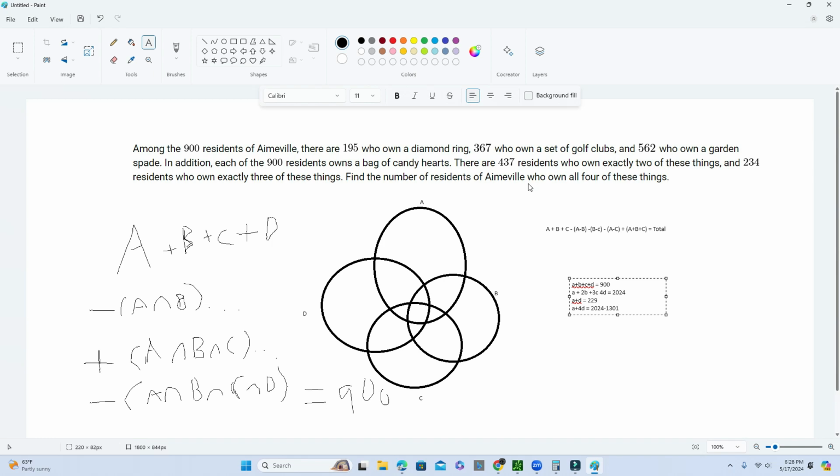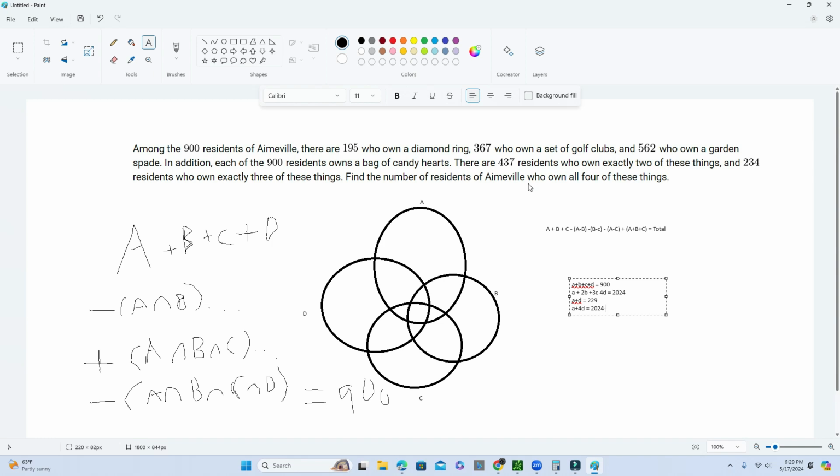Actually, I messed it up there. It's supposed to be 2 times 437, so my apologies. 2 times 437 would be 874.